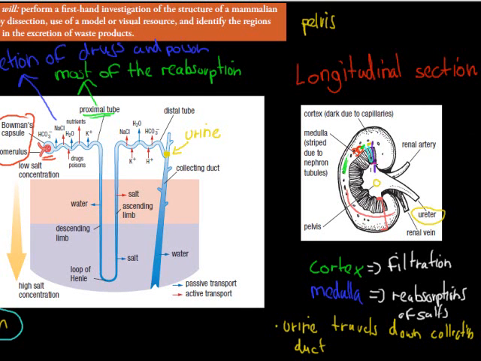That's this part. This part is your pelvis. And that's the area where urine sort of dumps into, you could say. So all those collecting ducts will empty into the pelvis. And then it will travel down the ureter.